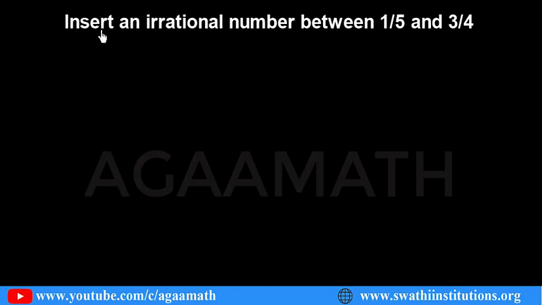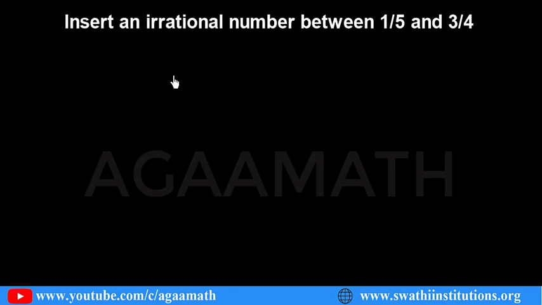So here, insert an irrational number between 1/5 and 3/4. Already in the previous videos we have learned what an irrational number is; you can watch them too. An irrational number means a decimal part which is non-terminating and non-repeating.